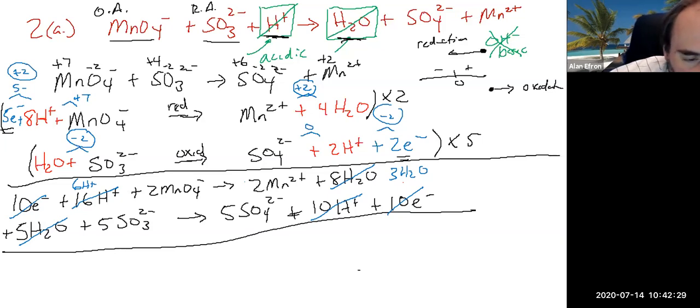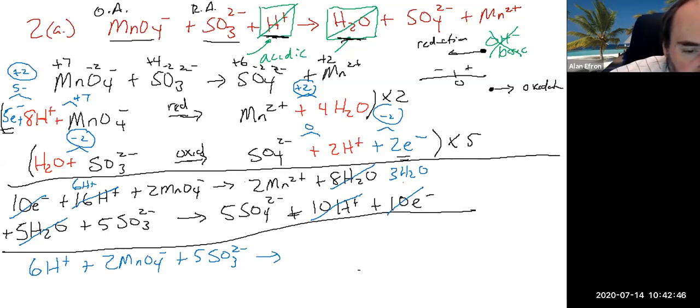So what is left is 6 H pluses plus 2 MnO4 minus plus 5 SO3 2 minus. That is everything on the left-hand side of the arrow.